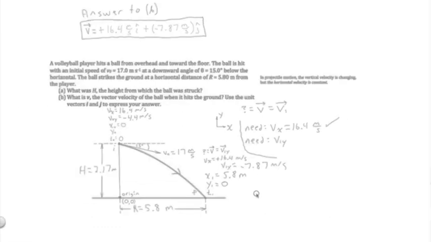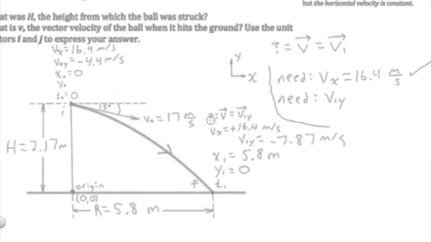I'll just take this opportunity to remind you one more time, as I mentioned earlier in the video, that the first time I recorded this video, I made a mistake in this symbol. This symbol is not correct. The question is asking us for the overall vector velocity, not the y component, so I shouldn't have included the y subscript here. This is correct.